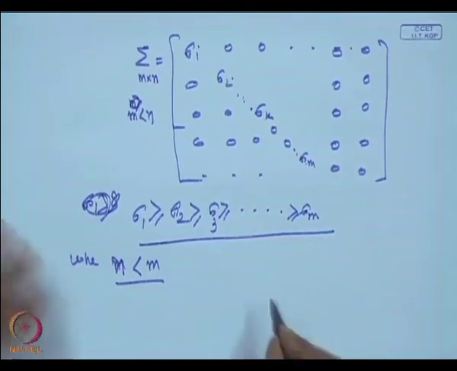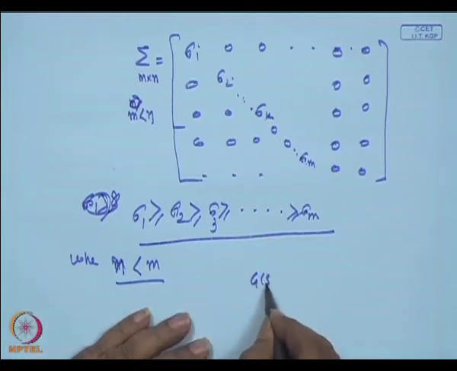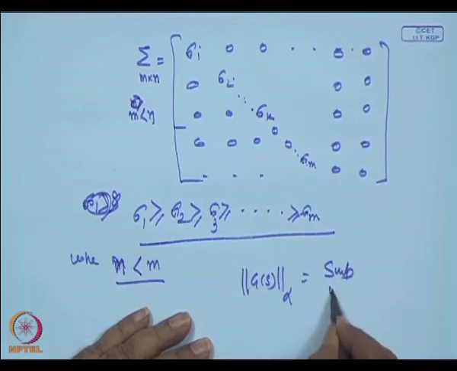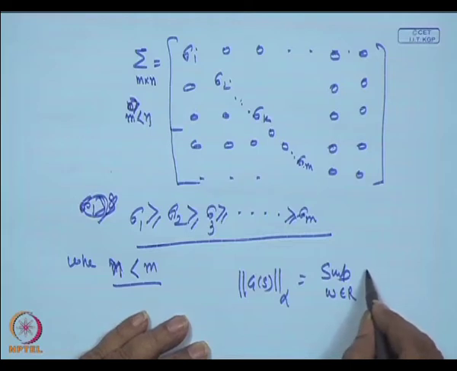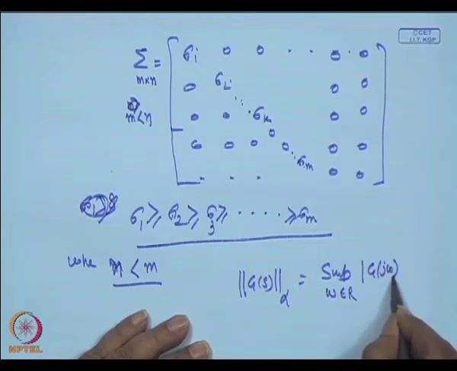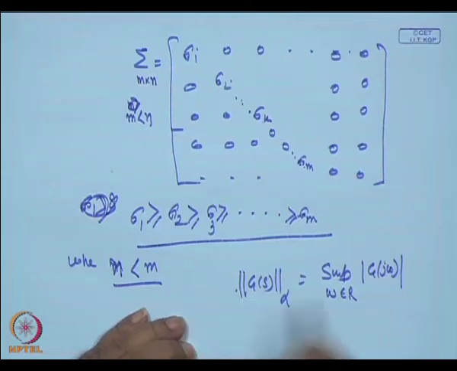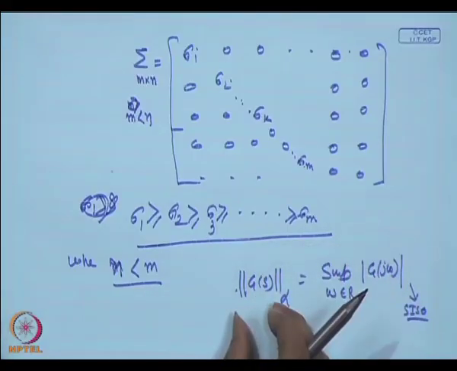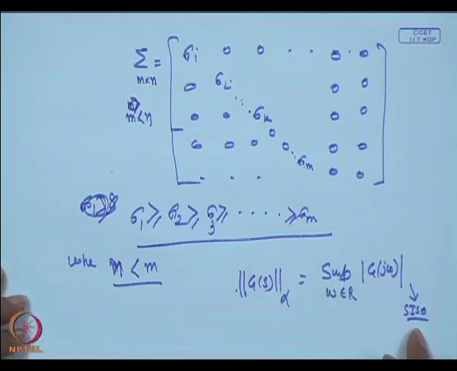We know the H infinity norm of a system for the single input single output case is nothing but the supremum over omega, where omega is real, of the magnitude of G(j omega). That means you do the frequency response, and at what frequency you get the maximum value of the gain, that is the H infinity norm of the system for single input single output.